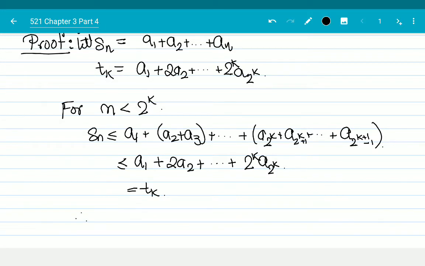Therefore, Sn is smaller than or equal to tk if n is smaller than 2 to the k.